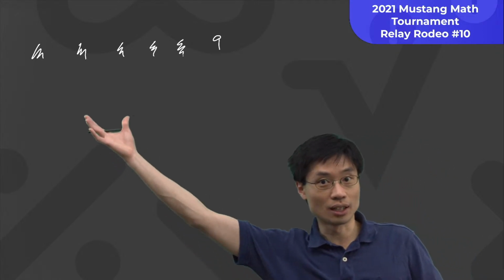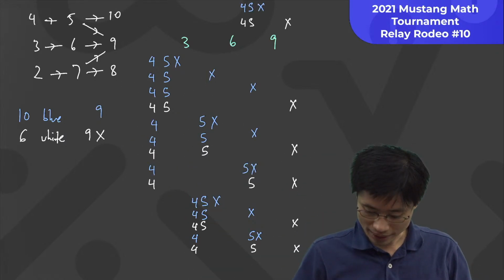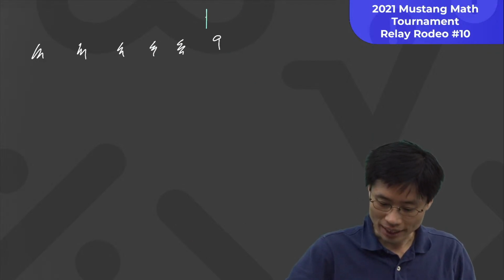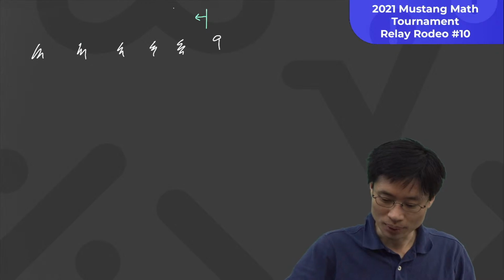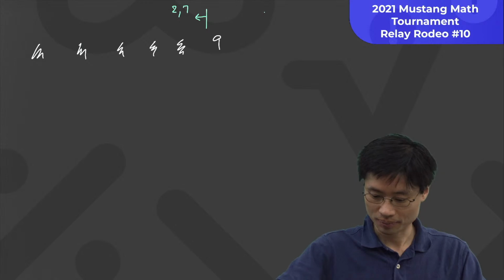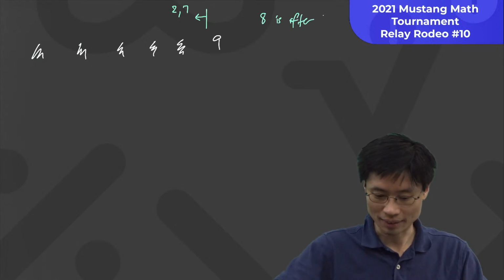I've got these numbers. These are all my numbers in here. And now I'm supposed to slot in the numbers 2, 7, and 8. And the only rule is that to the left of 9, you're supposed to have both 2 and 7. And 8 is after 7.